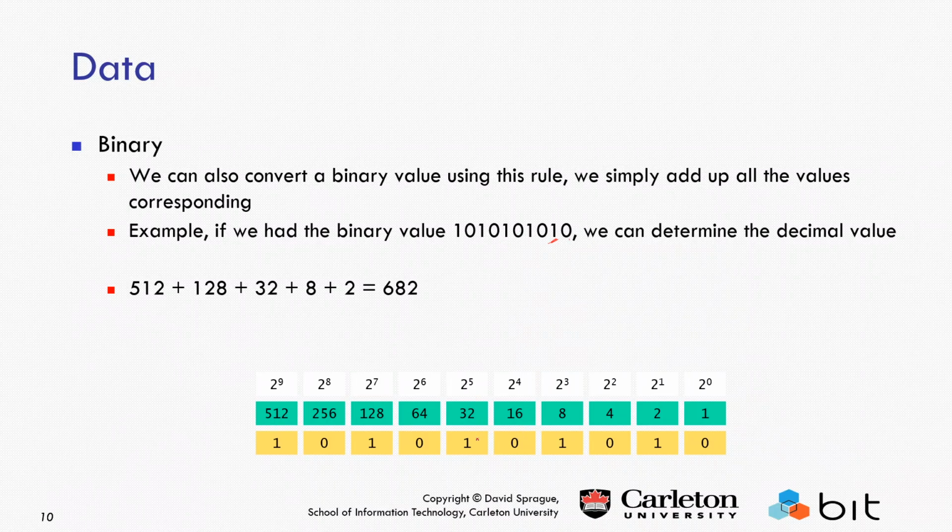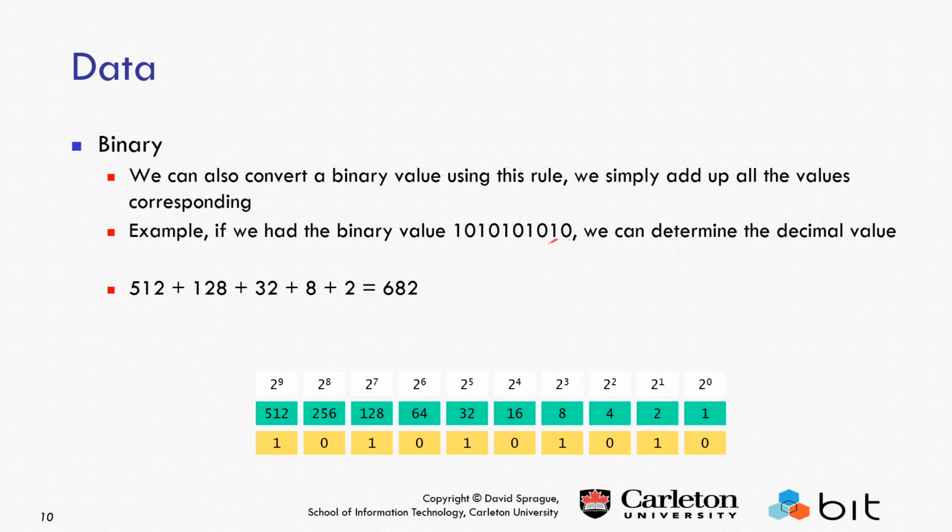For the 32s, I have a 1. For the 64s, I have a 0. For the 128s, I have a 1. For the 256 position right here, I have a 0. And then I have a 1 for the 512. What this means is it's 512 plus 128 plus 32 plus 8 plus 2, and you add them all together, and that's the binary representation of 682.